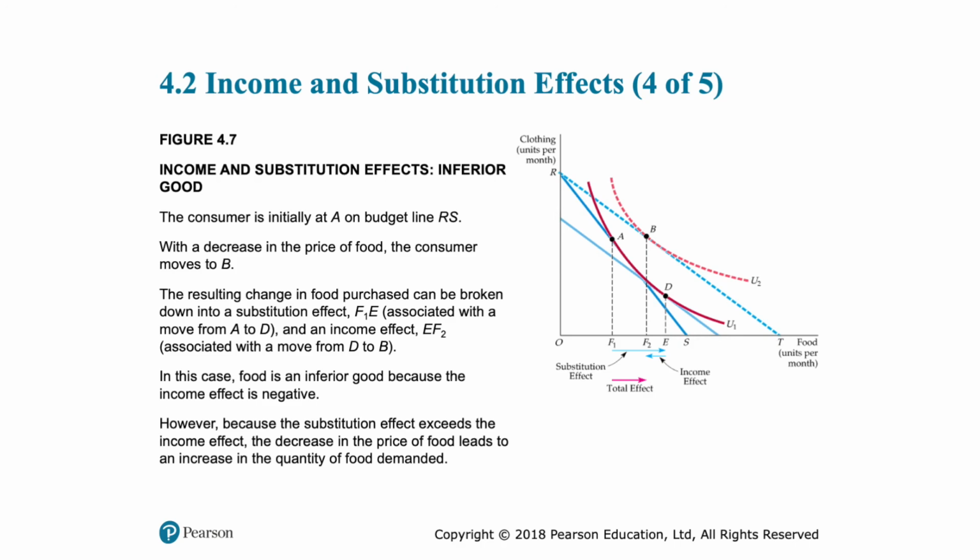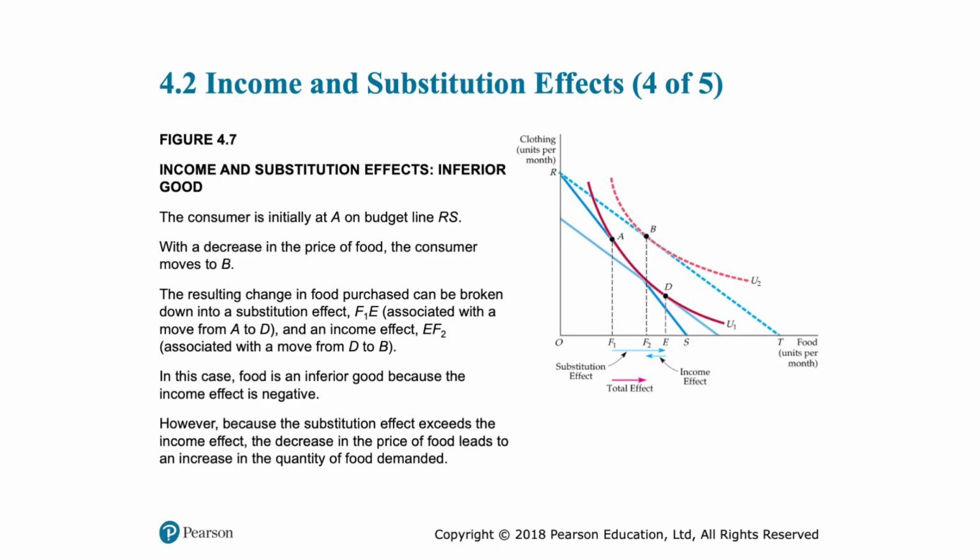Originally, the budget constraint is here and maximized utility is U1. So the optimal consumption bundle should be A, right? At this point, your consumption is OF1. Now, price decreases, price of food decreases. So, like this, right? Finally, your choice after the price change is point B, right?